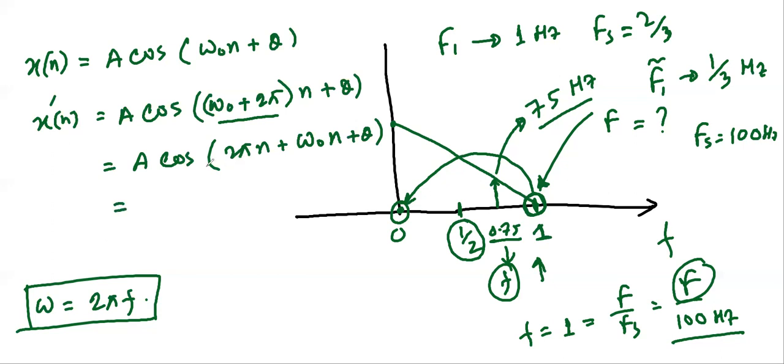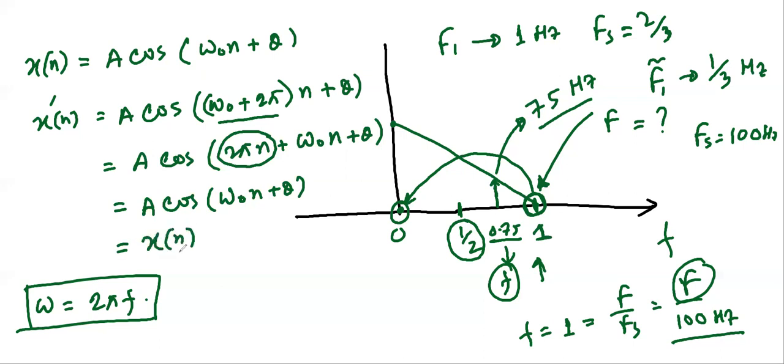As you can understand, for cos twice pi n, if n is an integer value like 1, 2, 3, 4, then it doesn't make any difference. It rotates 360 degrees and gives the same value. So we can write it very easily as cos(omega 0 n plus theta), which is nothing but this x[n].